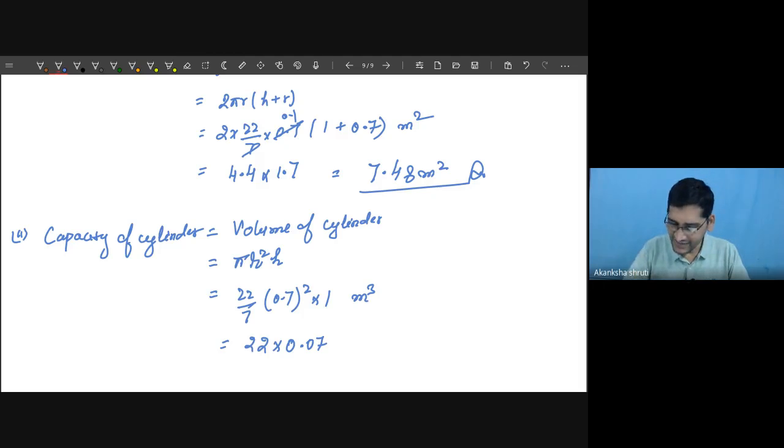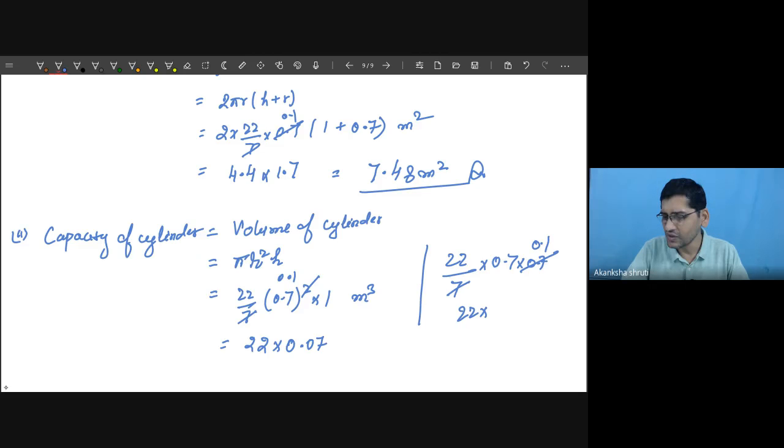So we have just cancelled this 7 with the square and it becomes 0.1. So this 0.1 has to be multiplied. So it was like this one. Let me explain. 7 into 0.7 into 0.7 into 1 can be left. So this gets cancelled with 0.1. So it becomes 22 into 0.7 into 0.1, it becomes 0.07.